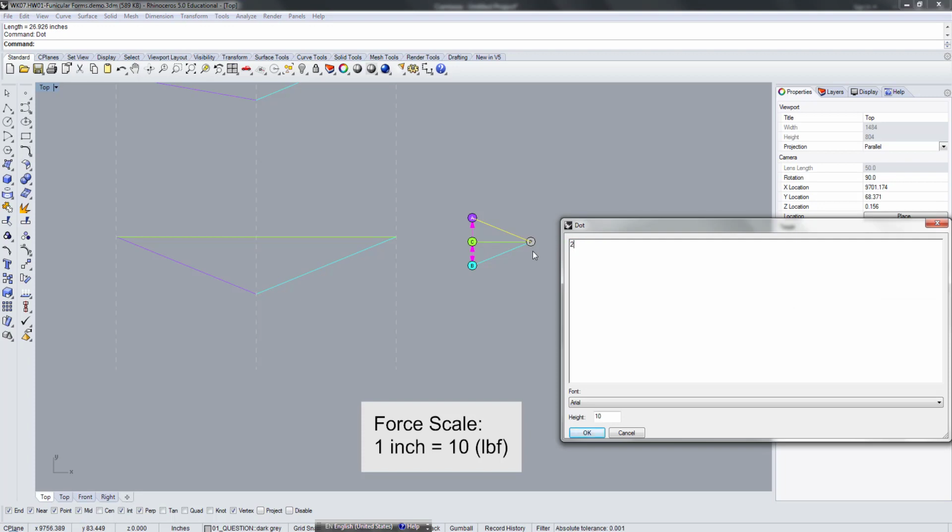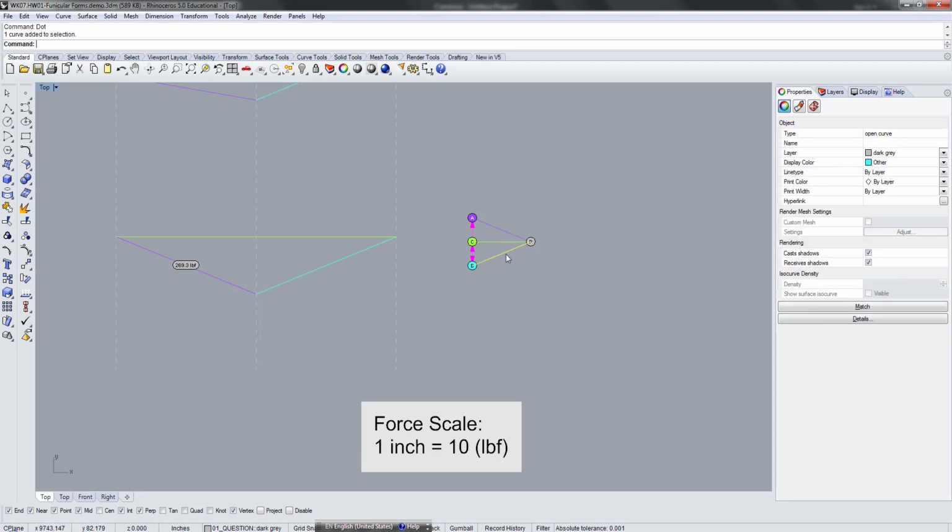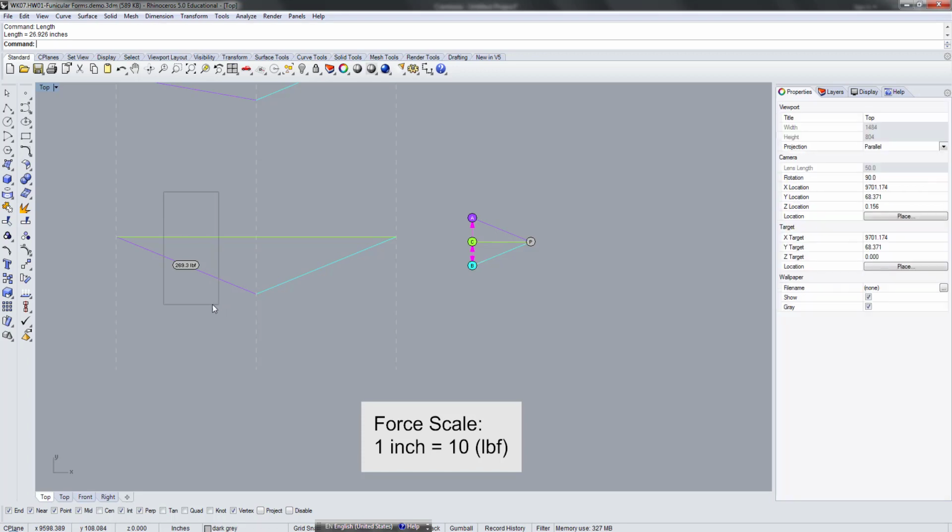So it should be 269.3 pounds. So that's in this cable. This line BP, the length is the same because it's symmetrical.